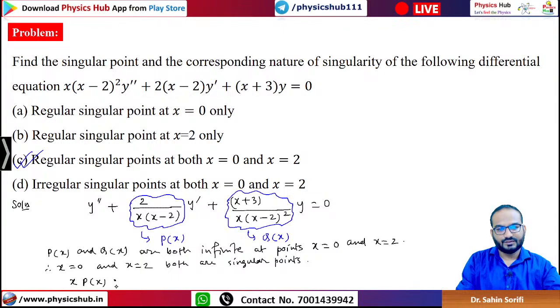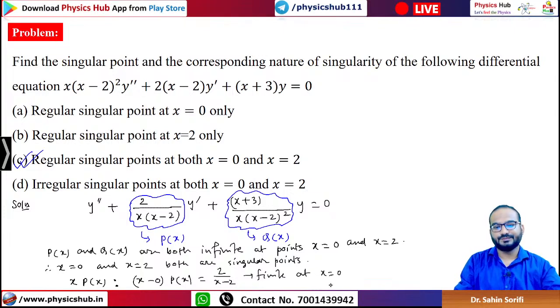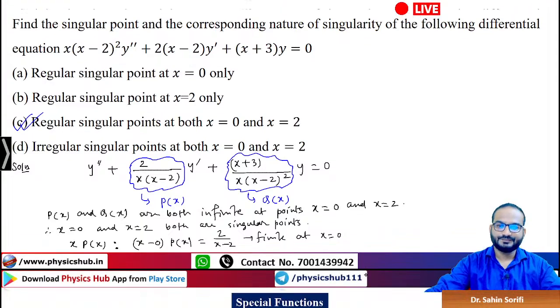for x equals to 0, so x minus 0 times p of x, what will be this value? 2 by x minus 2. This remains finite at x equals to 0.